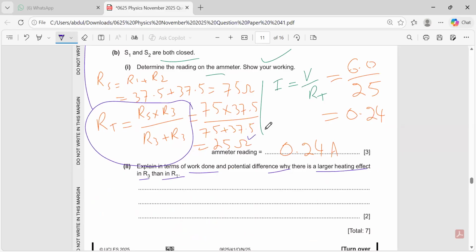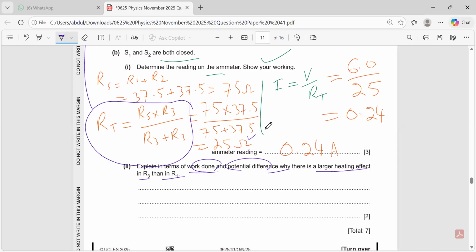So that is simple. But here, in general, mostly teachers, we people, can think that current produces the heating effect, so there is more current in the ammeter after, in the second half, so it means more heat. No, they said in terms of work done and potential difference. So my dear friends, what to do here?